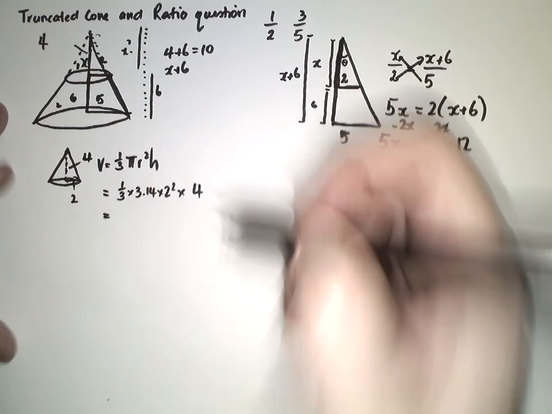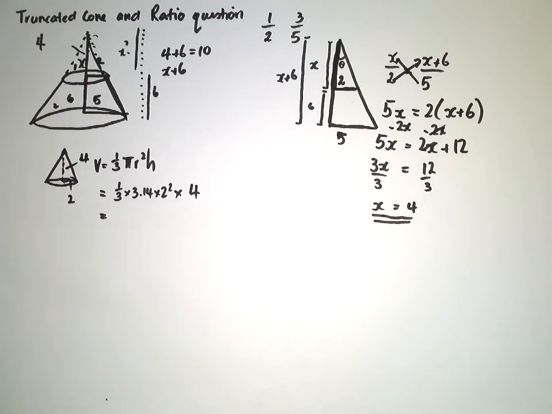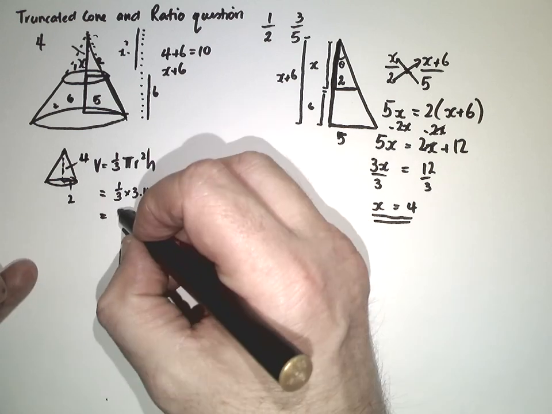I'll whack that into a calculator. So a third times 3.14 times 2 squared times 4 gives me the answer of 16.74.